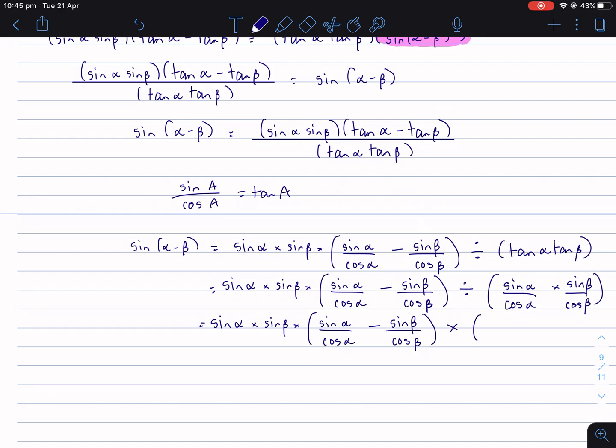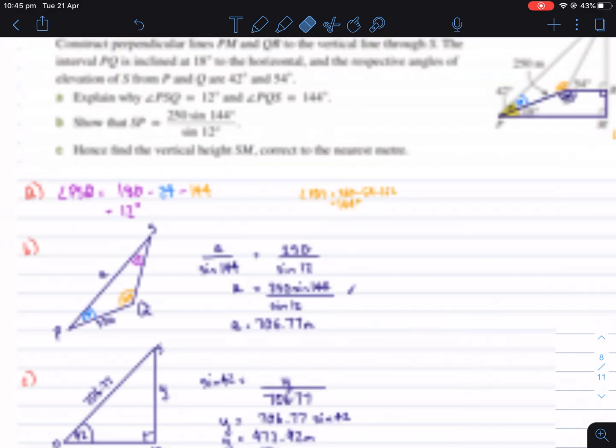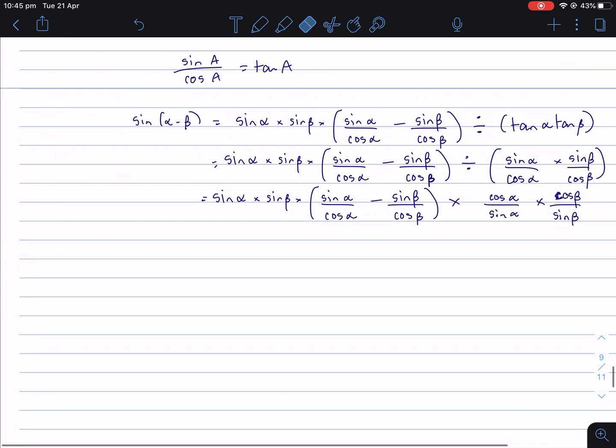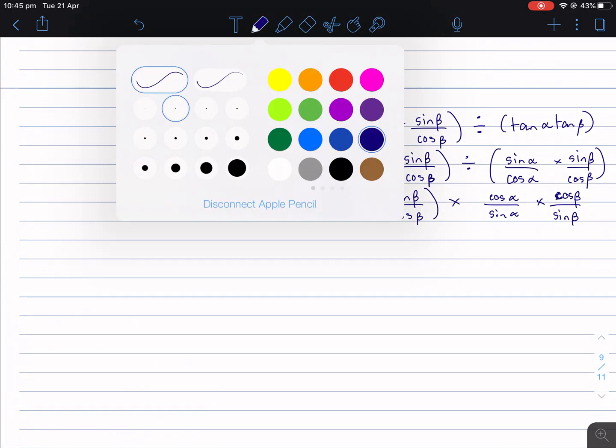So I'm going to turn these ones upside down: cos alpha on sine alpha, cos beta on sine beta. Now that everything's timesed, I don't actually need these brackets anymore. Can I cancel anything out? Yes.